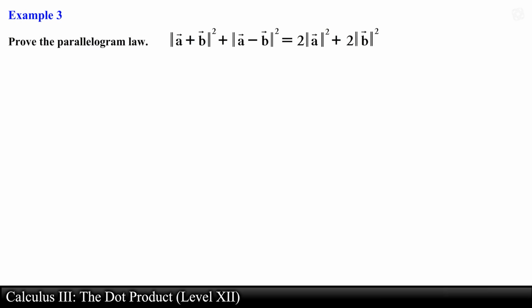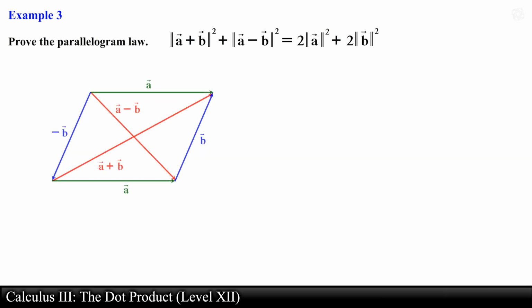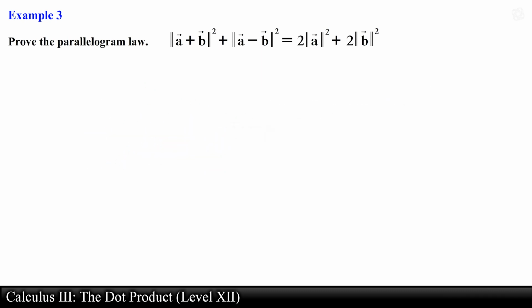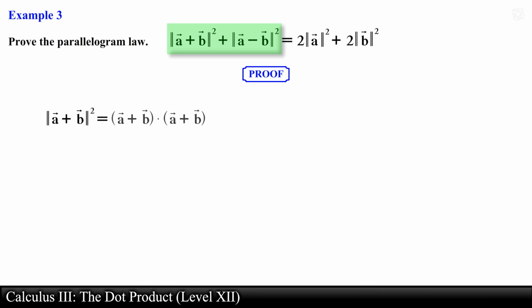Prove the parallelogram law. Alright, the parallelogram law states that the sum of the squares of the lengths of the diagonals of a parallelogram equals the sum of the squares of its 4 sides. We can easily prove this by working with the left-hand side of the law. Let's rewrite the square of the magnitude of vector A plus vector B into its dot product representation.